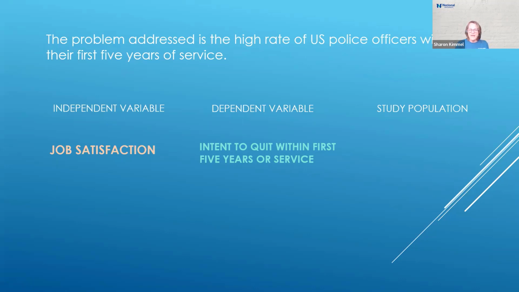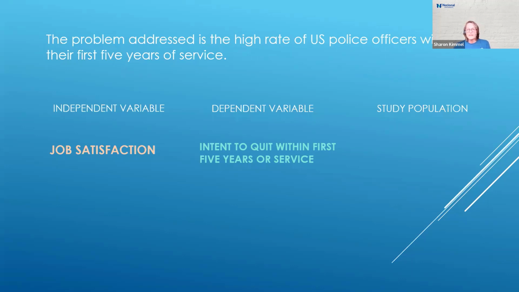The reason that the dependent variable was intent to quit within the first 5 years of service and the independent variable was job satisfaction is because the job satisfaction that is perceived by the police officer is thought to have an effect or influence the police officer's intention to quit.